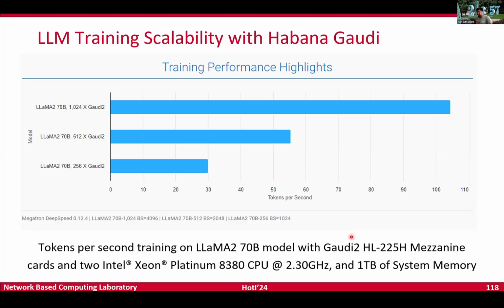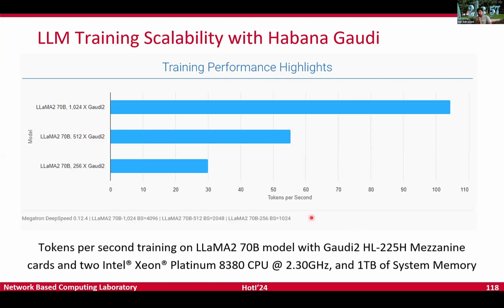We at the Network-Based Computing Lab had added support for HCCL inside the MVAPICH communication runtime. So MVAPICH has unified support for NCCL, RCCL, HCCL, so that you get the best performance that any communication runtime is able to offer out there. And with such solutions, the Habana Gaudi team is able to show that they get very good throughput for various large language models, as seen in this graph.